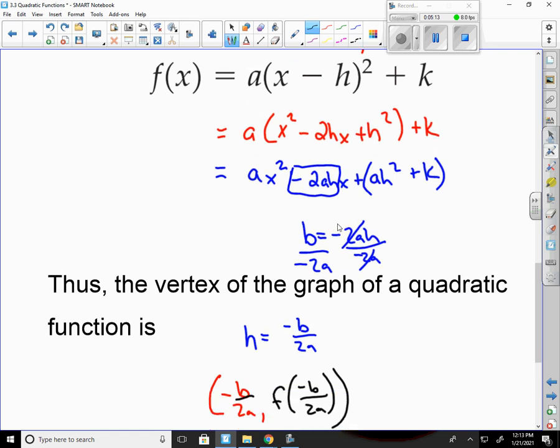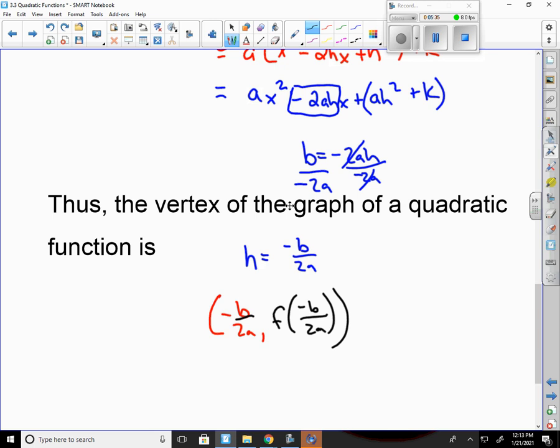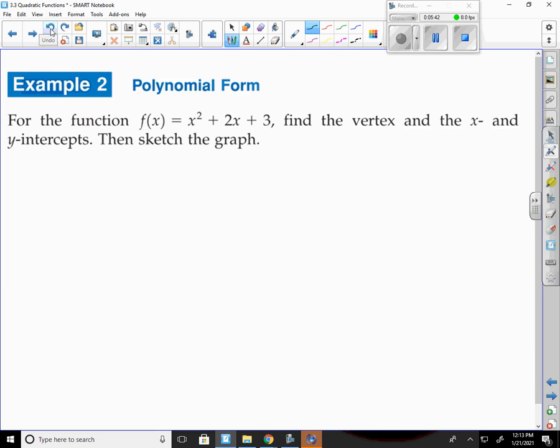And then we solve for h, knowing that h is the x value of the vertex, and that gave us that the x value of the vertex is negative b over 2a. Then to find the y value of the vertex, you take whatever this is and plug it in. All of that was to show you how to compare the vertex form with the polynomial form.